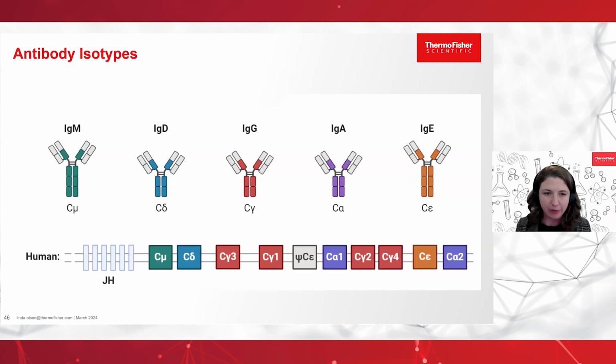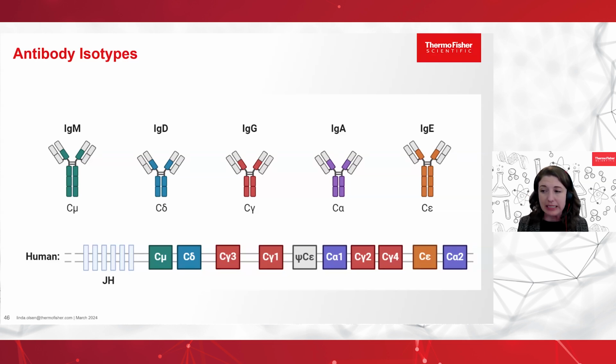Antibodies come in different varieties that we call isotypes. IgM is the first antibody produced during an immune response. It is present in the blood and helps activate the complement system and recruit other immune cells to eliminate pathogens. IgD is present in low levels in the blood, but is expressed on the surface of B cells. It is believed to play a role in B cell activation.